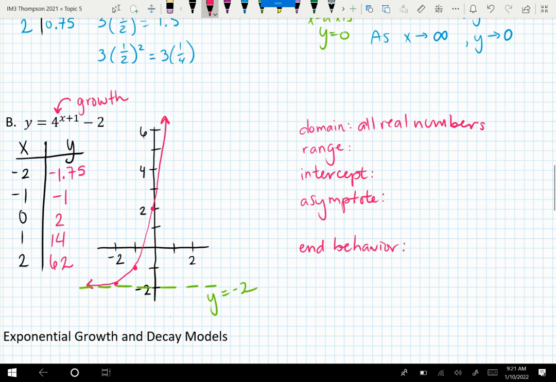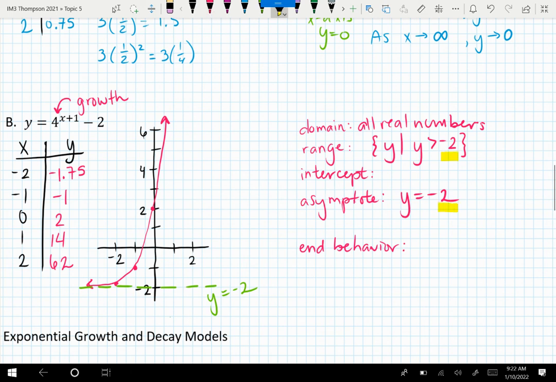So it goes down, down, down until I get to the y value of -2, and then I hit an asymptote. That asymptote is the same as where my range ends. So y is greater than -2. It's not or equal to because it doesn't actually touch that asymptote. That range value of -2 is going to be the same as my asymptote value every time.